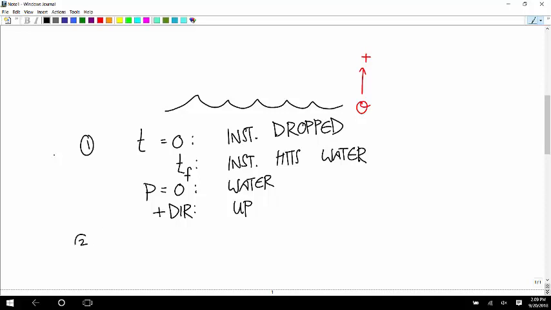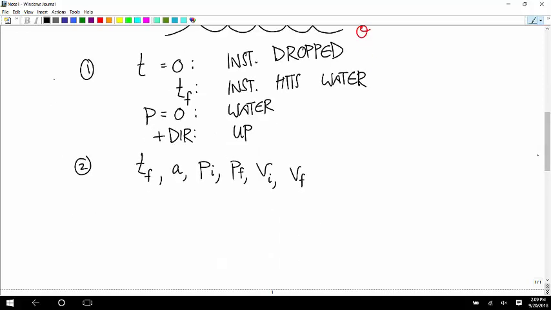And now let's start listing out what we know and what we want. The variables are the same as they were before: time final, acceleration, P initial, P final, V initial, and V final. So do we know time final?